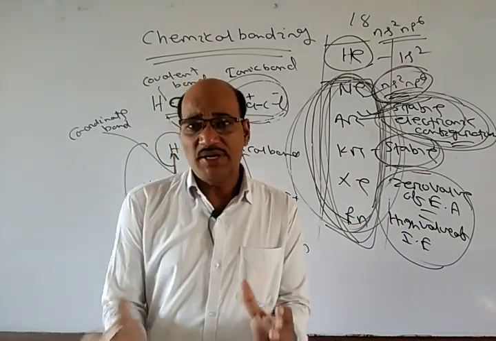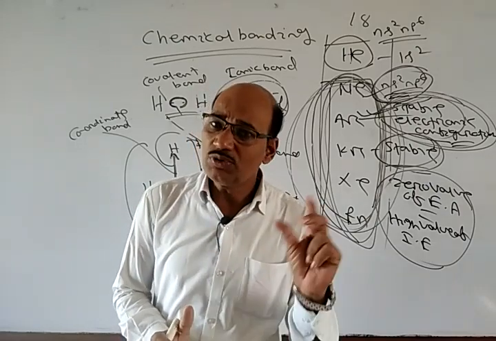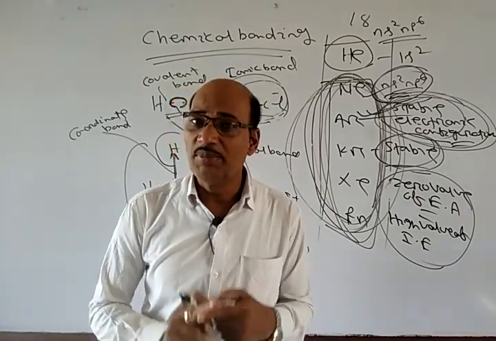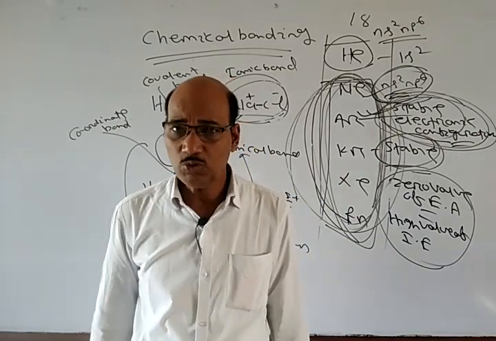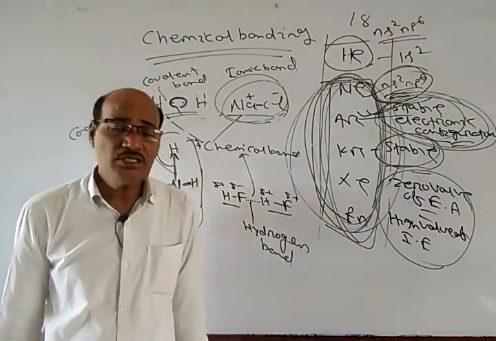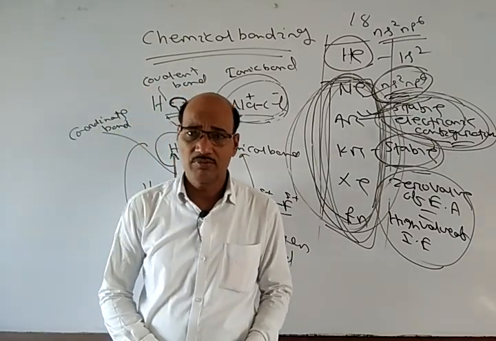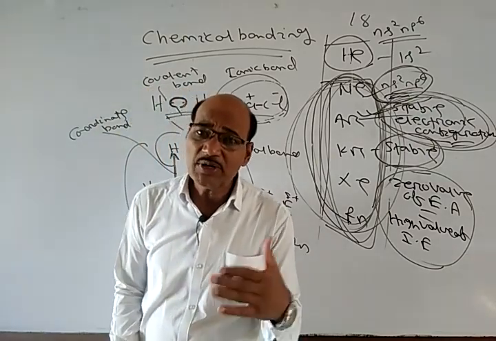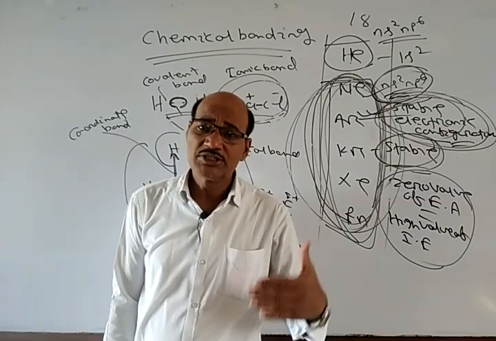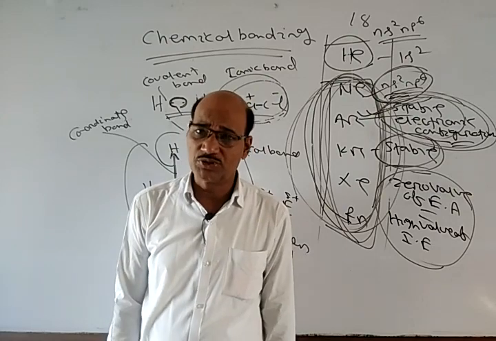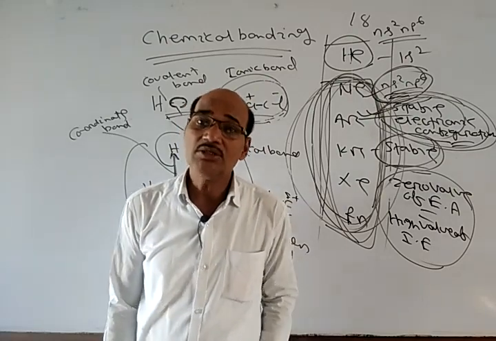So there is a force of attraction between the positive nucleus and the mobile electrons. That is called what? A metallic bond. Similarly, if you consider water molecules, we have hydrogen bonding. Between different kinds of molecules there is also a simple Van der Waals force of attraction, called molecular forces, or you can say the Van der Waals bond.